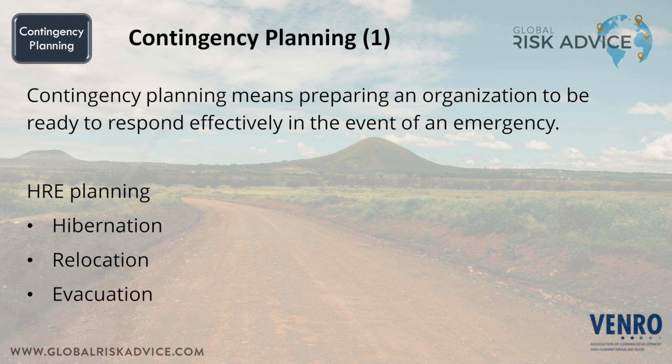If we look at contingency, crises can be very big. It can be civil war, an earthquake, also militias coming near you, war closing in on your city or your region. Then there are 3 steps. We can choose to hibernate, we can choose to relocate, or we can choose to evacuate.